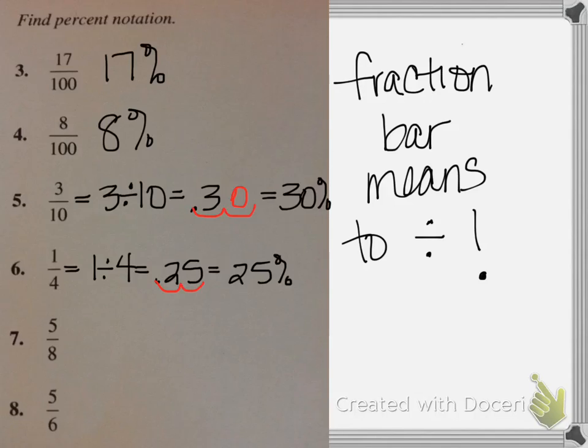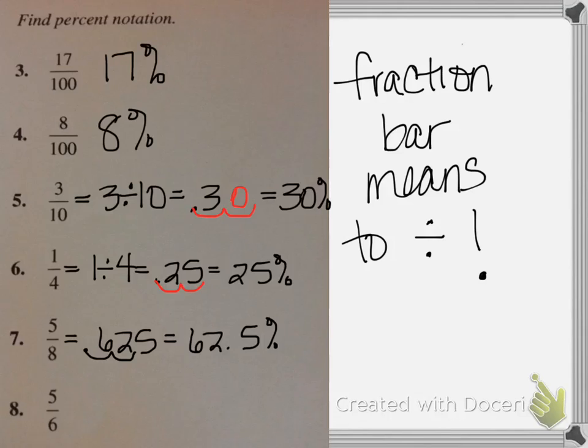So just make sure you're viewing that fraction bar as a division. Now you don't necessarily have to write that division problem, 5 divided by 8. Just do 5 divided by 8 in your calculator, and you're going to get 0.625. Move your decimal point 2 places, that's going to give me 62.5%.